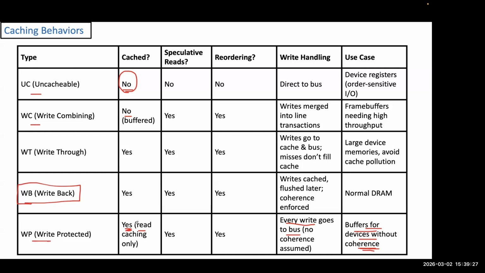So for that range, I need to use the write protected caching behavior for all the memory devices mapped in the range 100 to 200. Similarly, let's say I have another set of memory mapped devices for which I want to use the uncacheable caching behavior. So how can I assign the caching behavior?